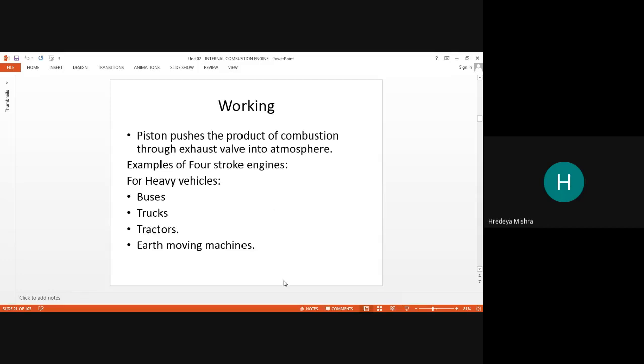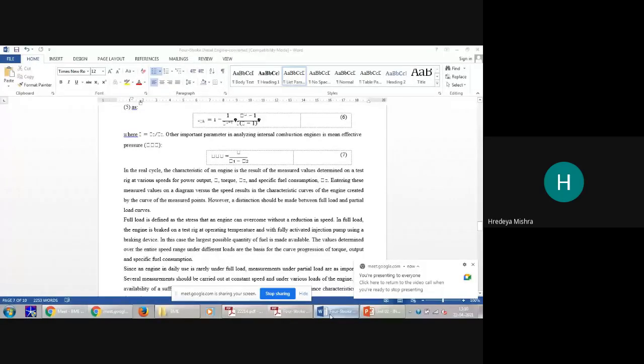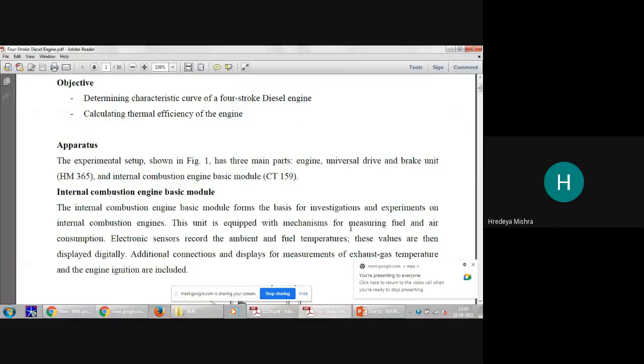Now, what is the practical purpose, and what do you have to write? See here. What are the objectives of your project?